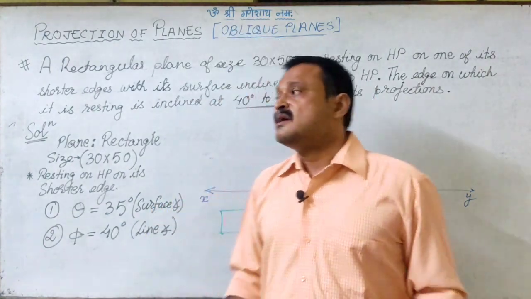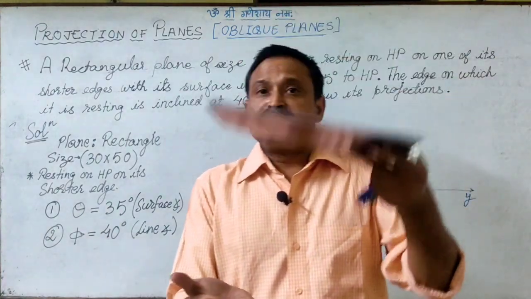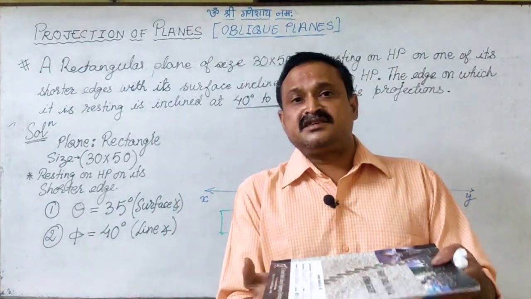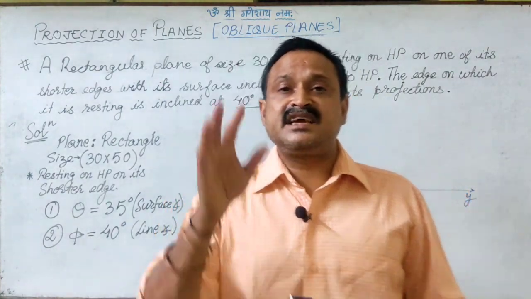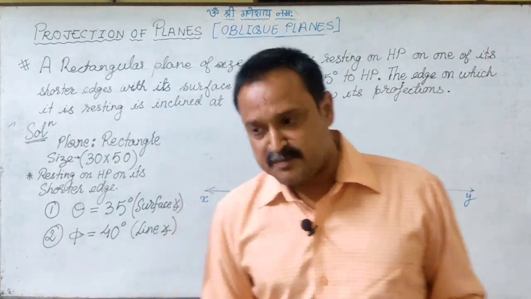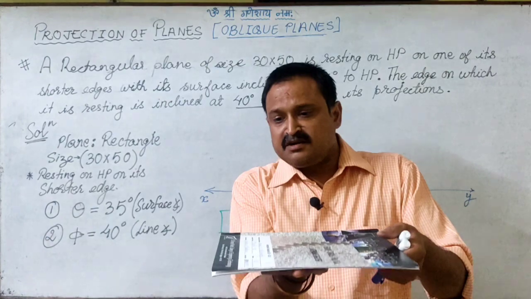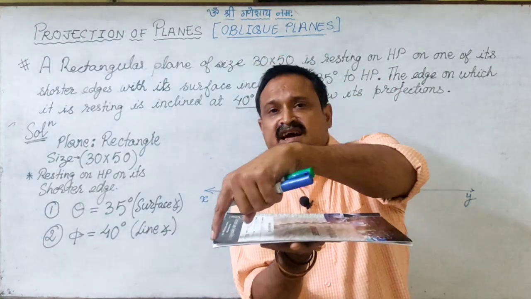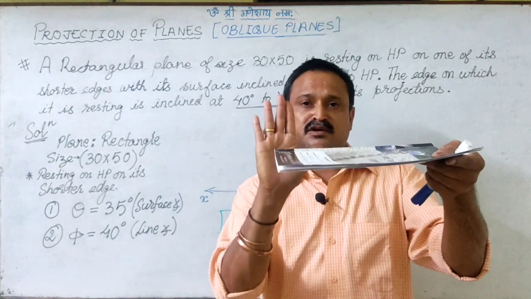So whenever we see a condition that the object or the plane is resting on one of its edges, we will always keep that edge perpendicular to the other plane. So in this case, when it is resting on HP, we will ensure that one of the shorter edges remains perpendicular to VP.